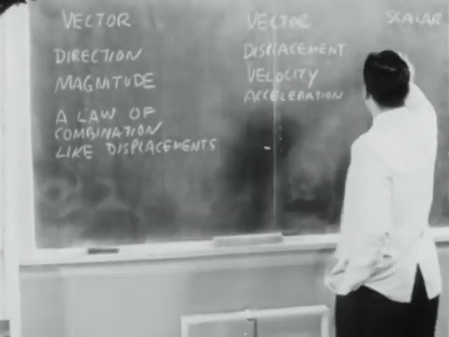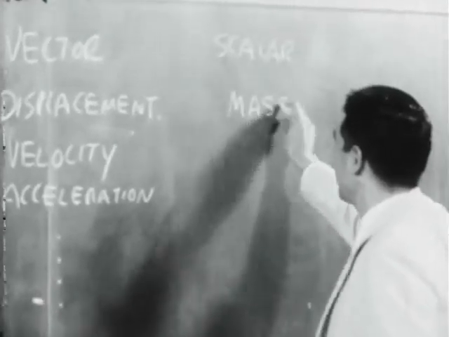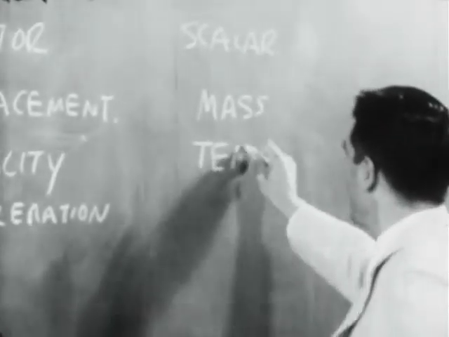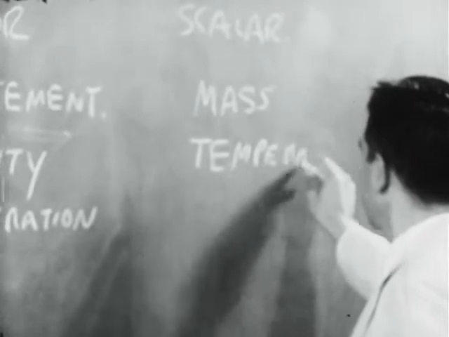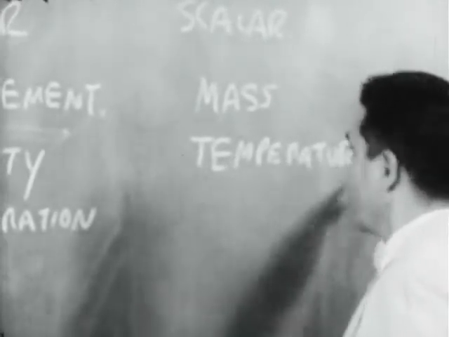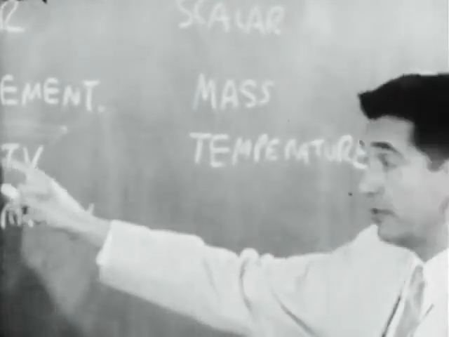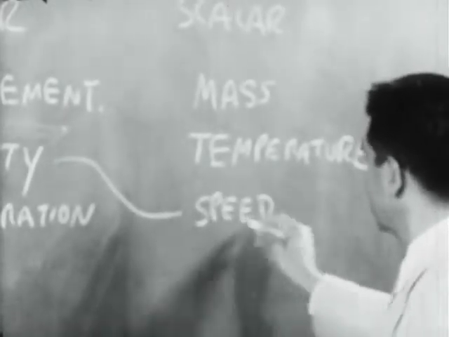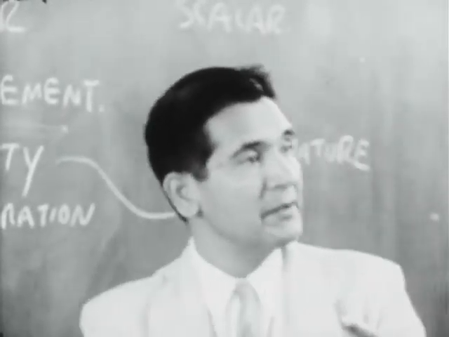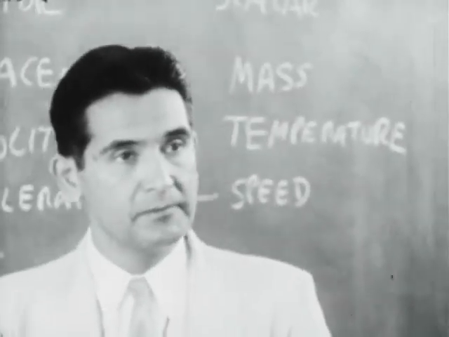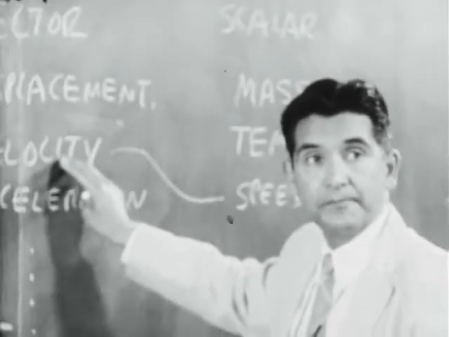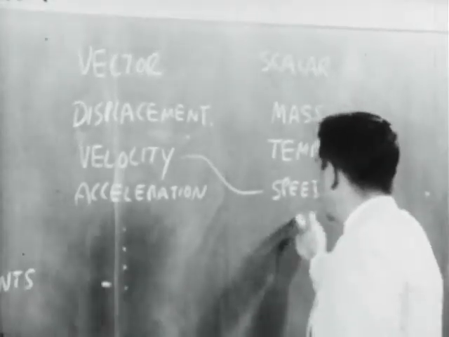Examples are mass, which has magnitude but no direction, temperature, and there is a word associated with velocity, speed. Speed is a number that you get from a speedometer, but it doesn't give you direction. So we put speed in this category, velocity in this category, and so on.